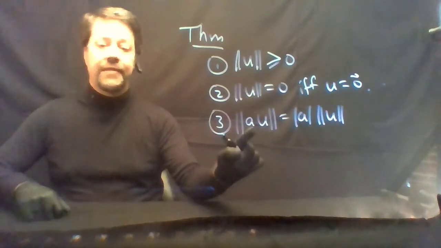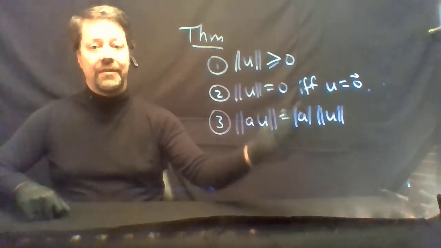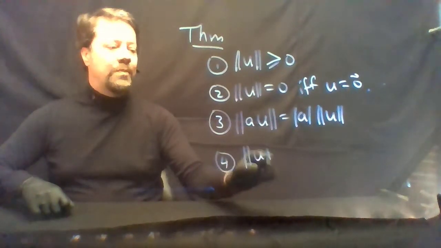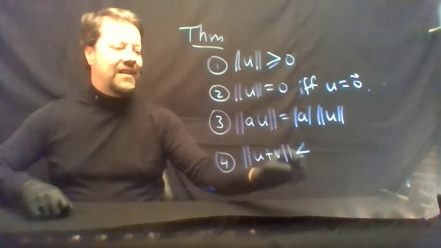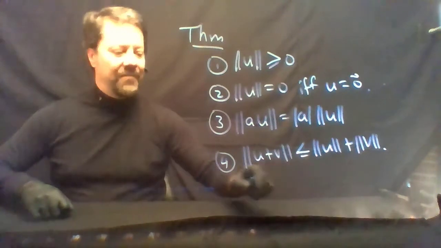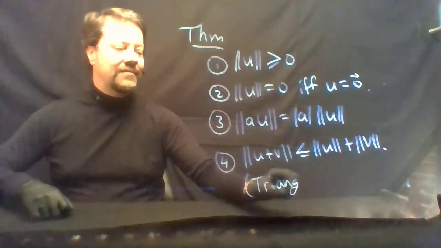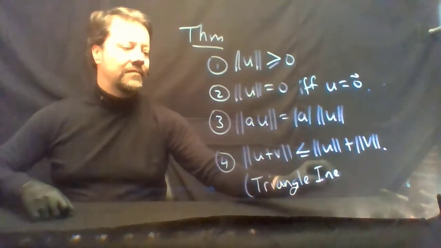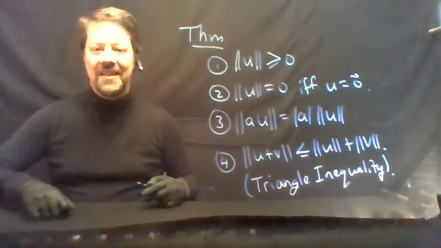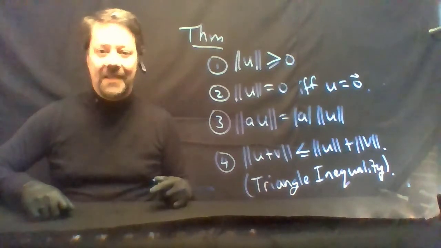The effect on length of rescaling the vector is to multiply the length of the vector by the absolute value of the scalar. And also, the norm of u plus v is less than or equal to the norm of u plus the norm of v. This is called the Triangle Inequality. You'll see that this follows from a basic principle about triangles that you learned way back in high school geometry.